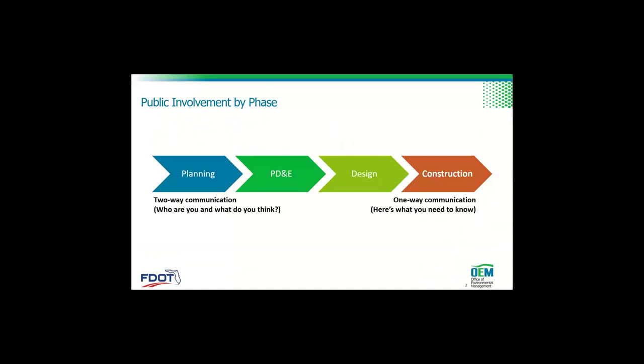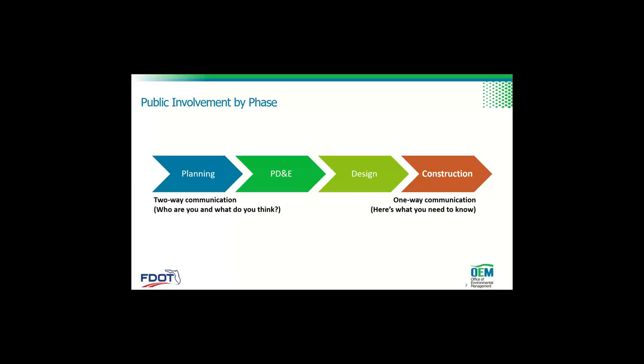During planning and during PD&E, we are really heavy into two-way communication. Who is out there? Who are the people potentially affected by our project? And what do they think? We're required by federal law to make sure that anybody who's interested or affected has the opportunity to take part in our processes.